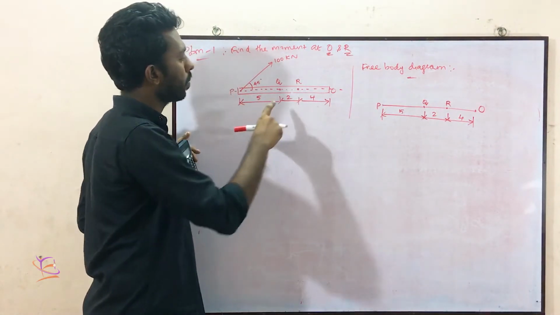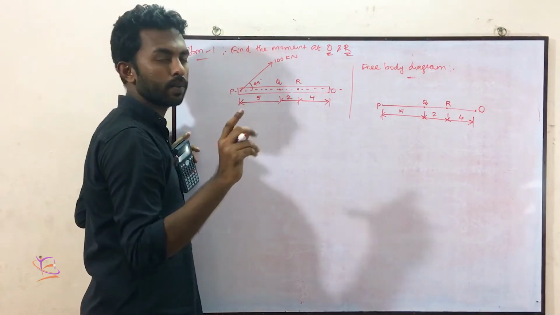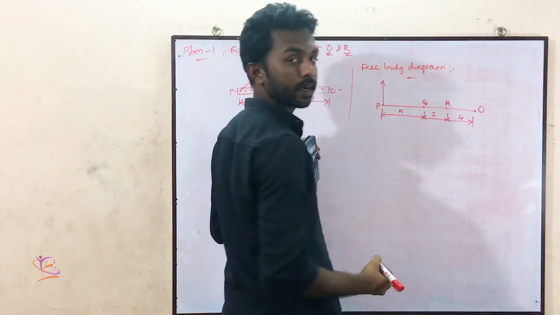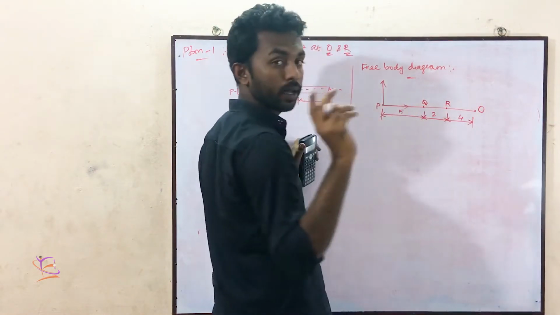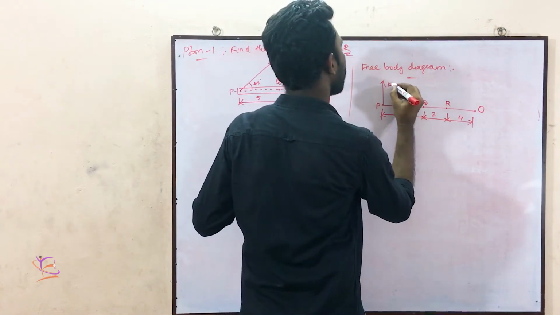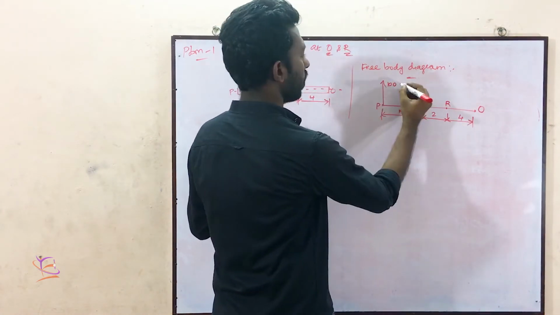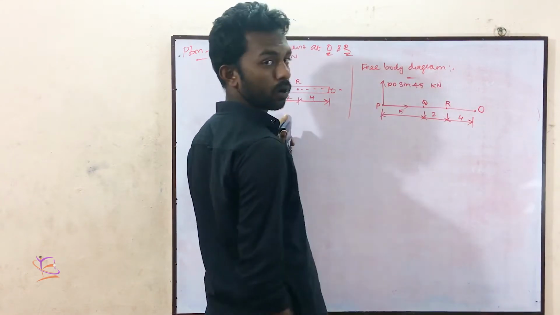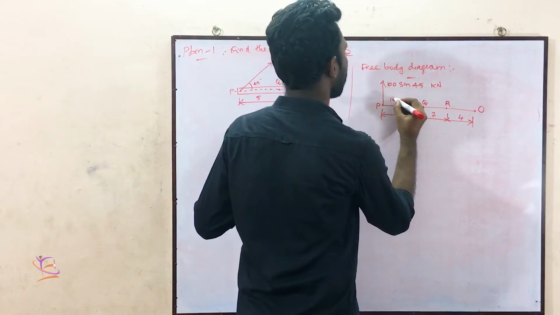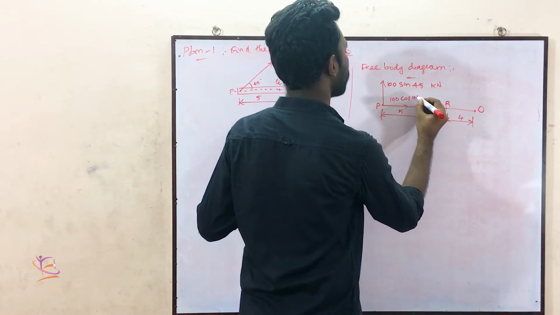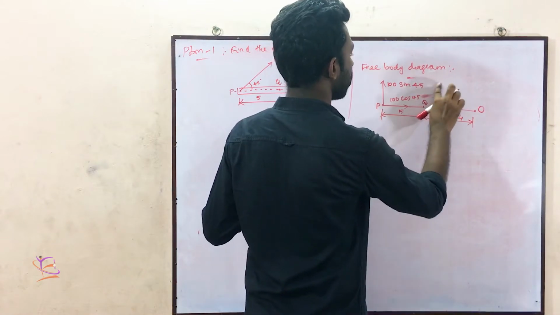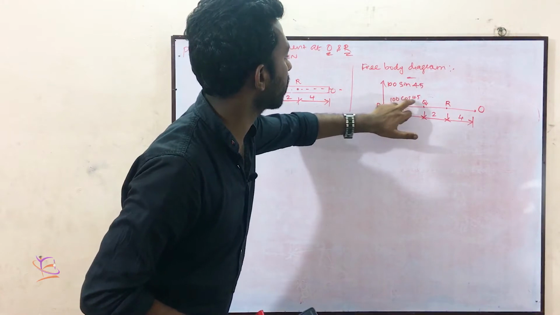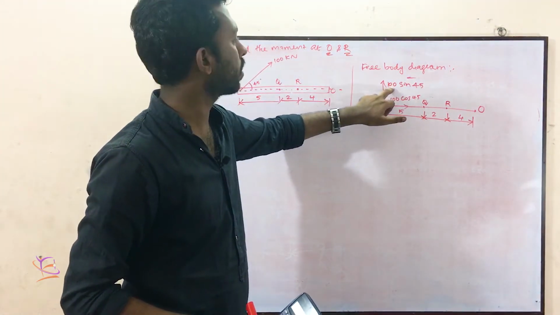So the vertical component is 100 sin 45 kilonewton, and the horizontal component is 100 cos 45 kilonewton.